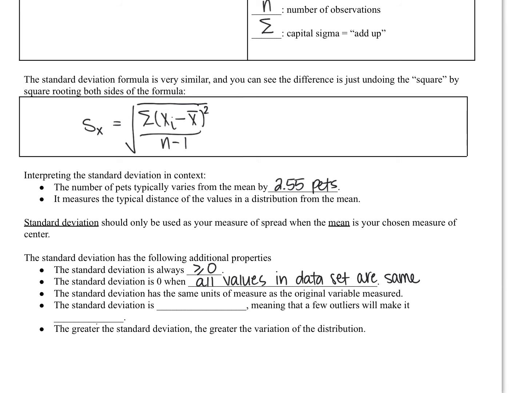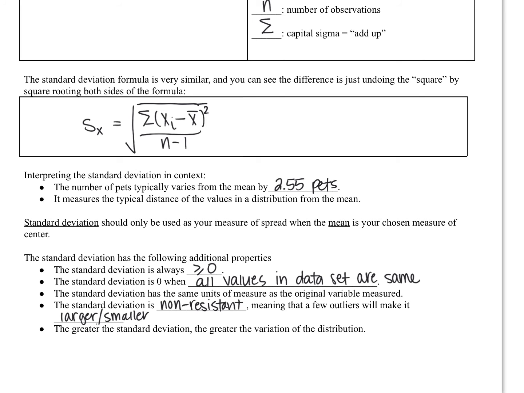And then because it involves using mean, it is also non-resistant. So that means just like mean can be affected by outliers, so can standard deviation. A few outliers can make it larger or smaller depending on where those outliers fall. So if your outliers are a lot lower than the rest of your data, it will pull the standard deviation lower.